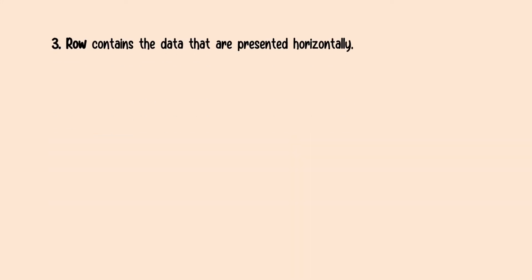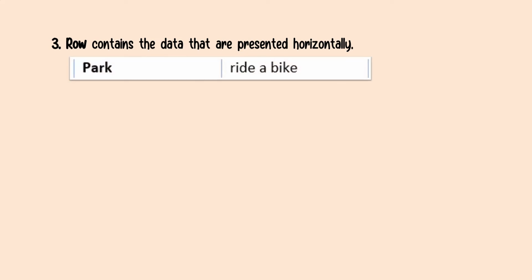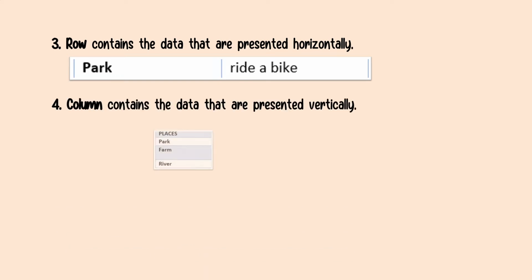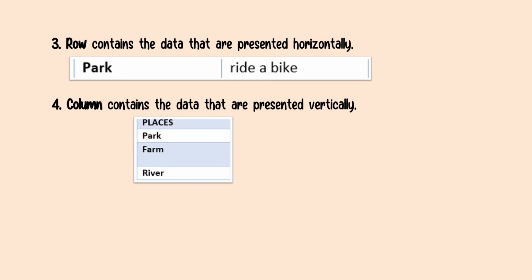Next, let's have row. It contains the data that are presented horizontally. For example, in the illustration, we have park and ride a bike. The columns, on the other hand, contain the data that are presented vertically.